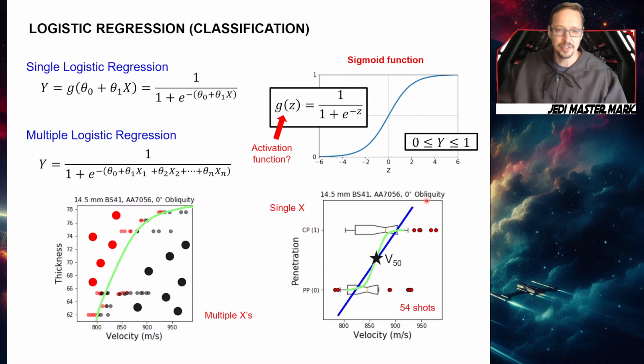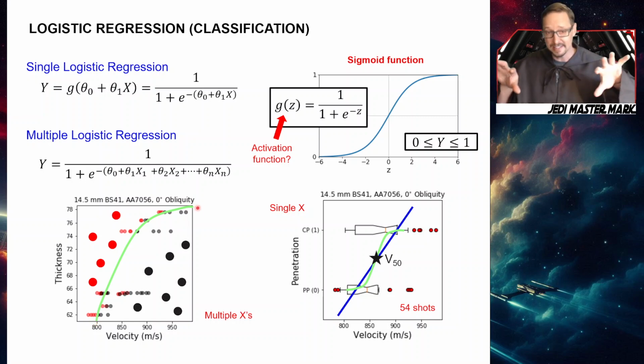What this actually looks like is, here's one with two input parameters and some values of yes and no, whether the bullet goes through. The 0.5 line will be the separation between the two different classes. And then for just one input variable, here's velocity, with partial penetration 0, complete penetration 1. You can see these are representative of the distributions.